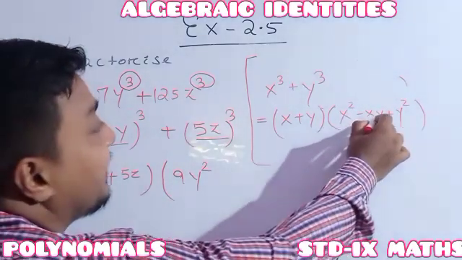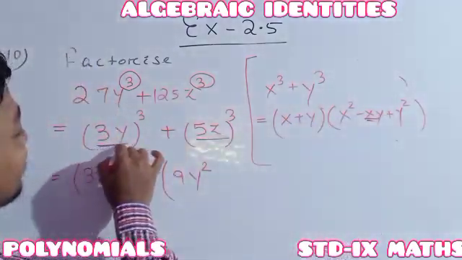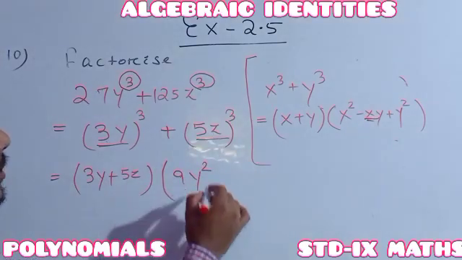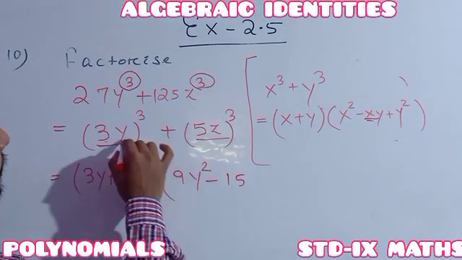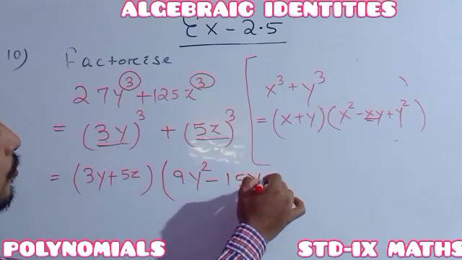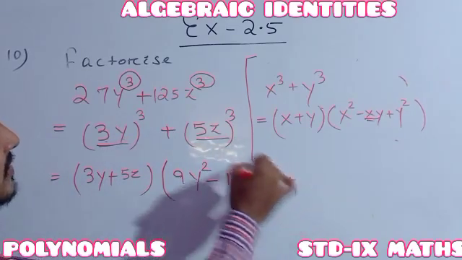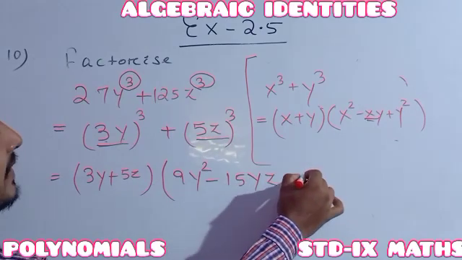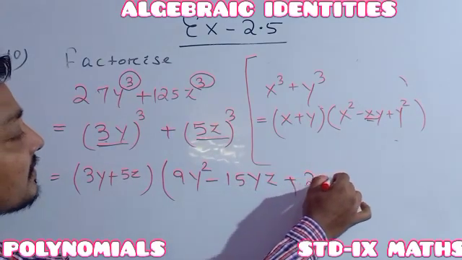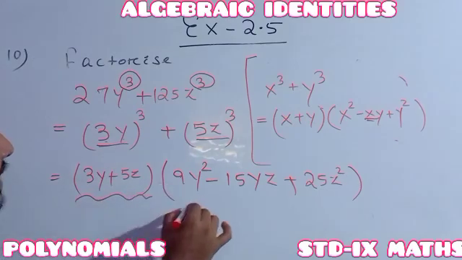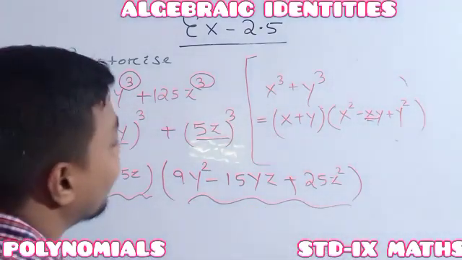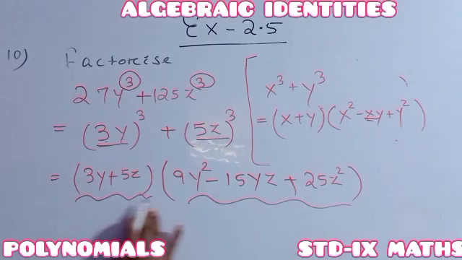Next is minus xy, the product of the first and second, 3 fives are 15, variable multiplication yz, plus the square of the last term, 25z square. Ready? So one factor is this, and the other factor is that. The product of two factors is called our factorization.